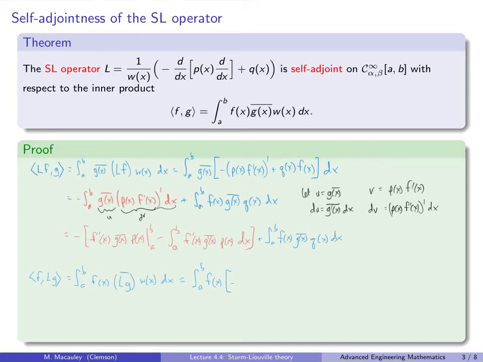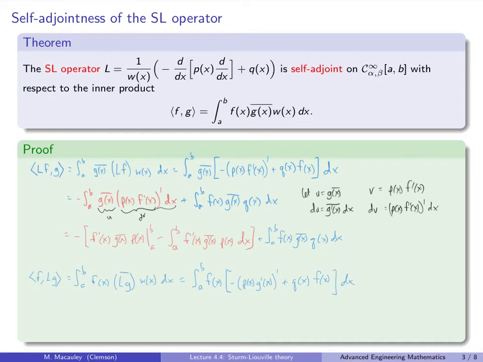So negative p of x g prime of x, I said same thing, but I forgot that we got to put bars over it, because we have a bar right here. I'll put the bars over later. So let me just put this whole thing here. Prime plus q of x f of x dx.